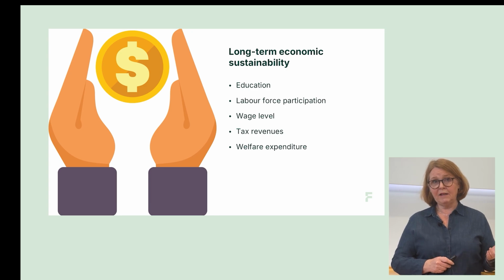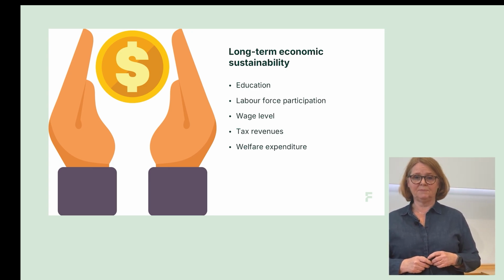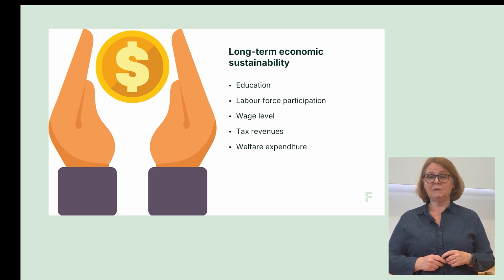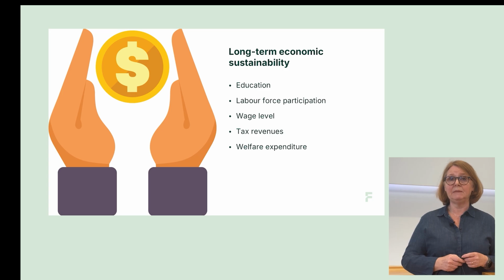And by unstable relationship, I mean, for example, that people move in and out of the labour market, they work only a little, or they earn low wages. For society, this means two things. First, it means reduced tax revenues. And second, it means higher welfare expenditures, whether through increased spending on benefits and social assistance, or through the cost of services aimed at helping people into work.